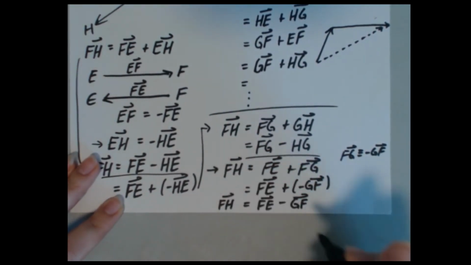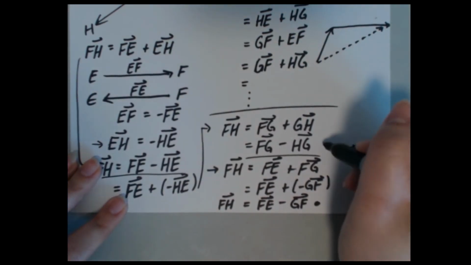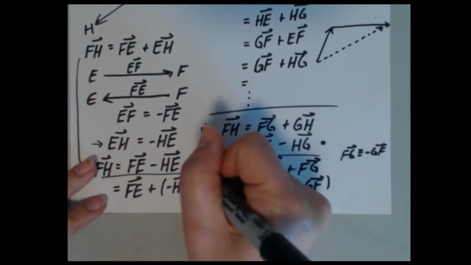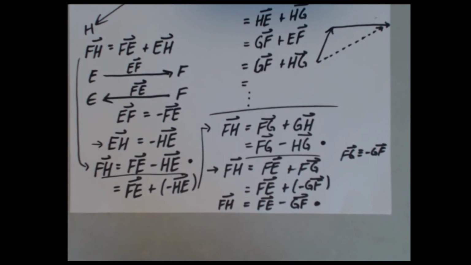So that's my third option there. Okay, so I've got this, and this, all 3 of those. So again, this was a non-numerical example, but now you have a better idea of how to add vectors.